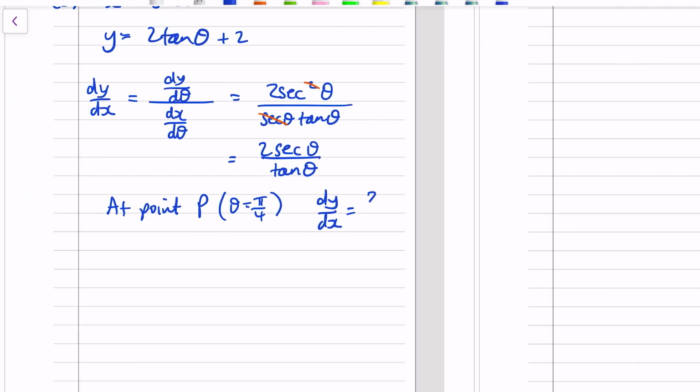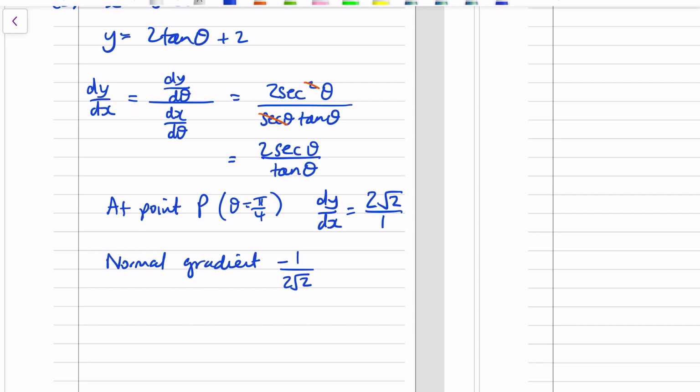So I've got 2 sec theta, 2 root 2 over 1. Subbing in pi over 4 gives me that, and therefore the normal gradient will be negative 1 over 2 root 2. Bearing in mind that when you find a normal gradient, it's the negative reciprocal of the tangent gradient.